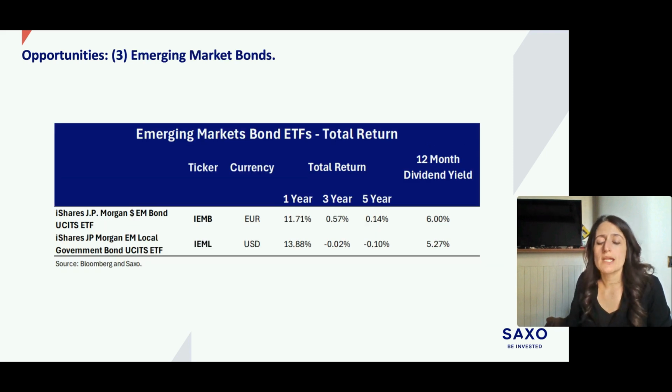But another way to create a buffer against inflation and monetary policy surprises is through emerging market bonds. Why are emerging market bonds interesting right now? Well, there are a lot of emerging markets that have already been cutting rates, and this is true especially for Latin America.